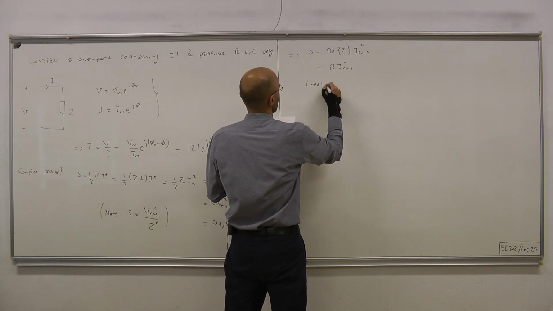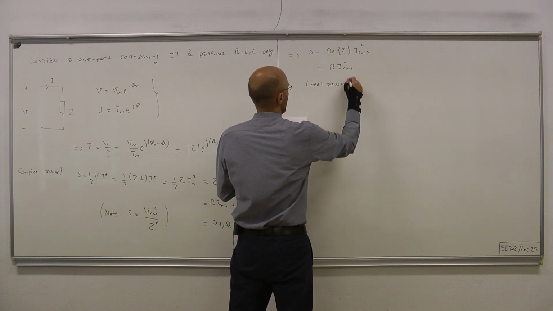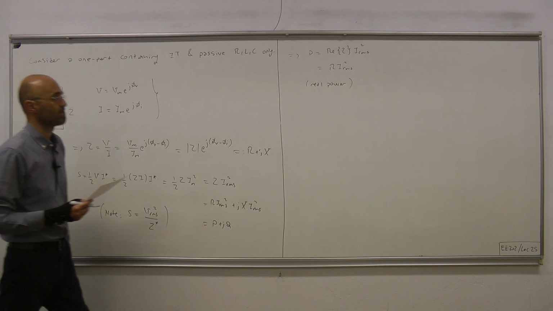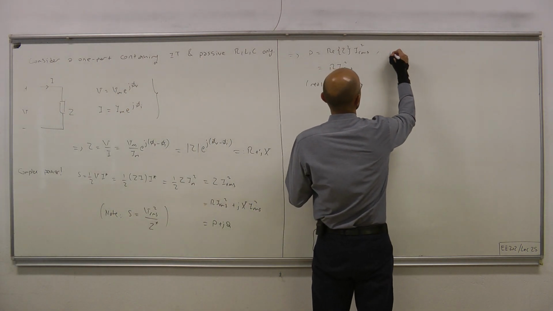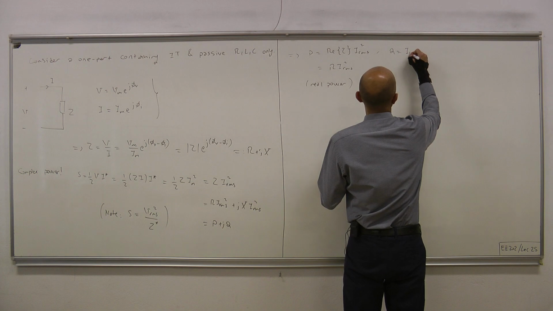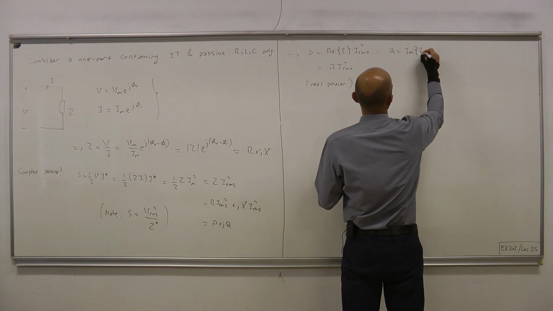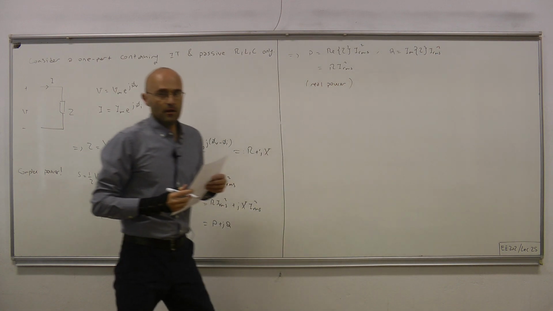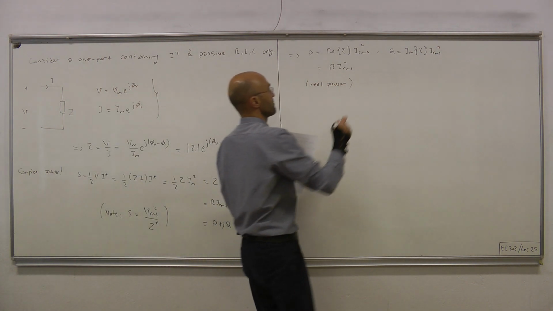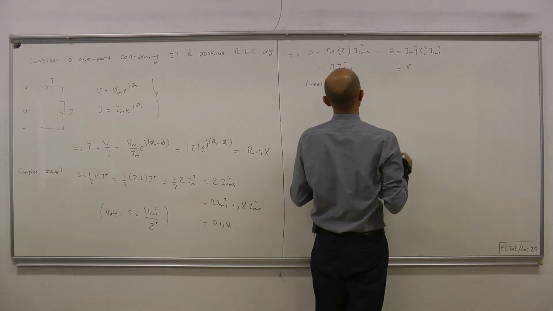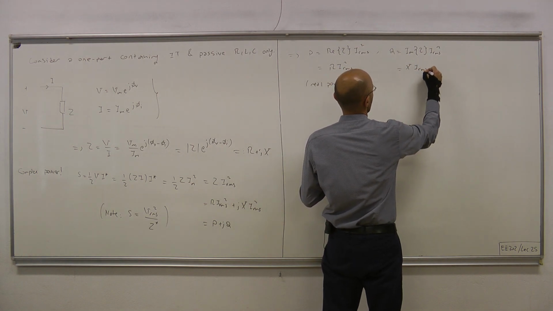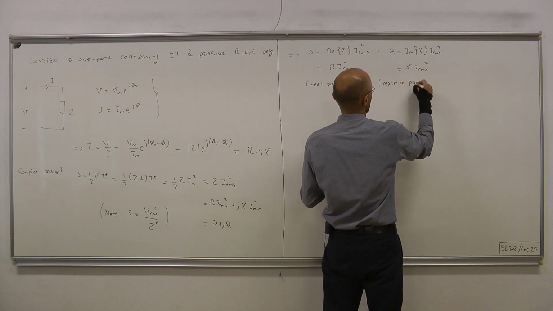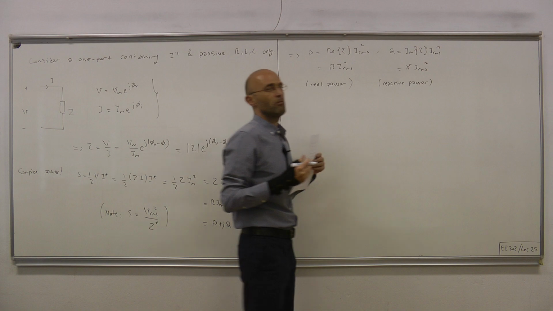And this is the real power delivered to our one port. Q is the imaginary part of the impedance times I RMS squared. That's the reactance times I RMS squared, which is the reactive power.